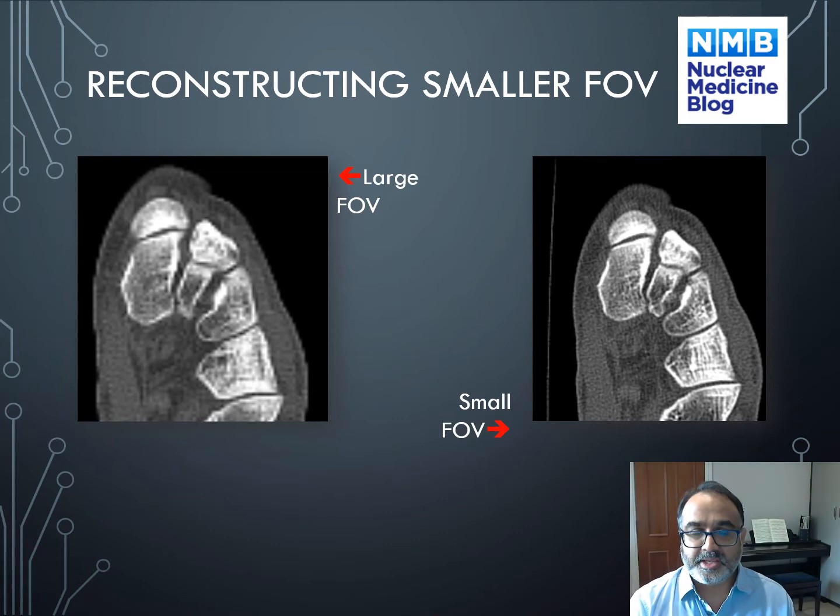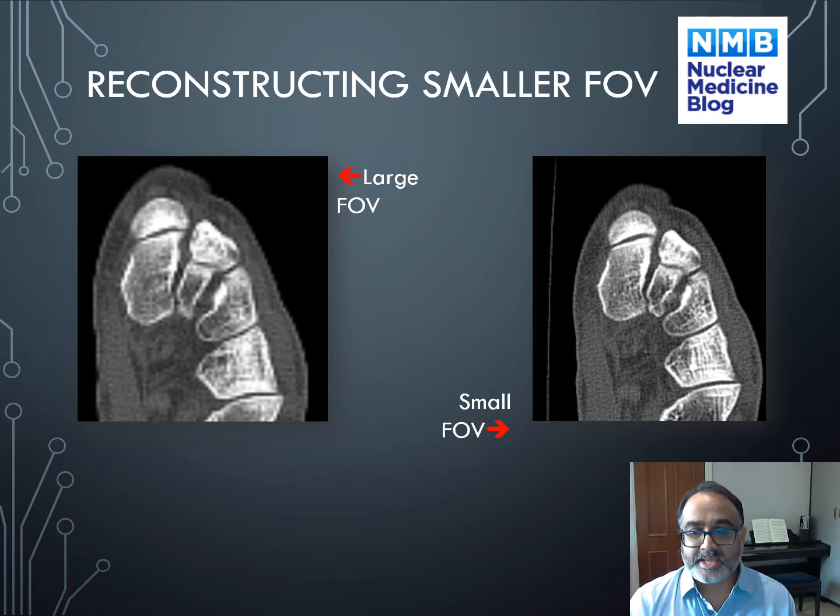I mentioned earlier that we use a small field of view when reconstructing the images. This slide shows why this is important. On the left, you have a scan that's been performed with a large field of view and reconstructed with a large field of view. So the display field of view includes everything that's been scanned.